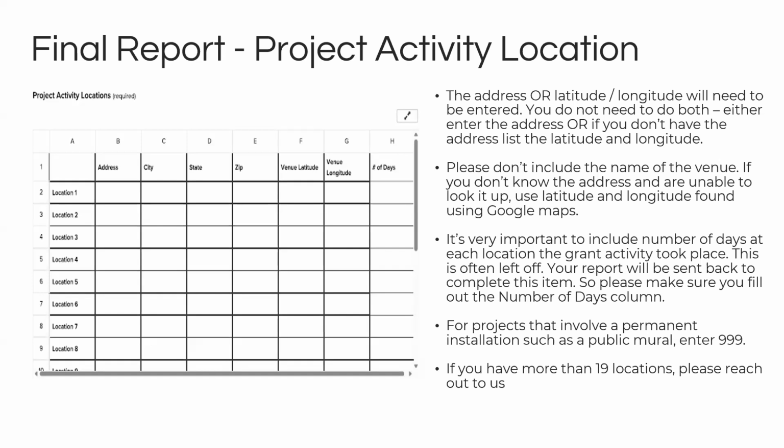We need to make sure that you have the number of days column filled out, and if you don't, we have to send back the report to complete the item. So please do that for us. For projects that involve a permanent installation, like a public mural, just enter 999. And if you do have more than 19 locations, just reach out to us and we'll help you add those.